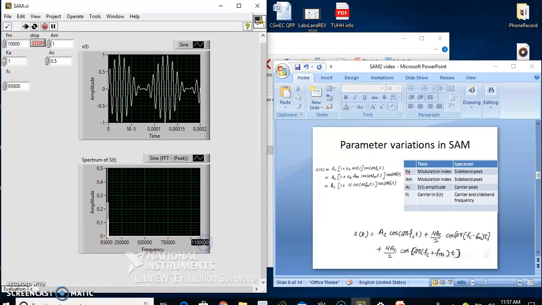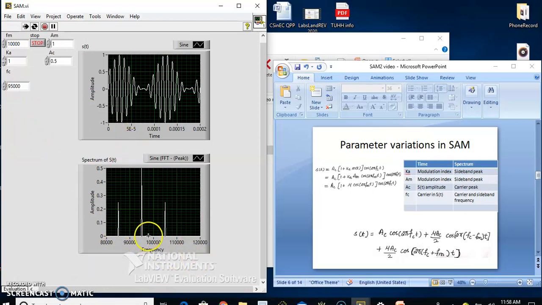Let me make this equal to 120K. Let me make this equal to 80K. Now you can see the carrier frequency is at 95 kilohertz, and this is 95 plus 10, which is 105 kilohertz. This is at 95 minus 10, it is 85 kilohertz.